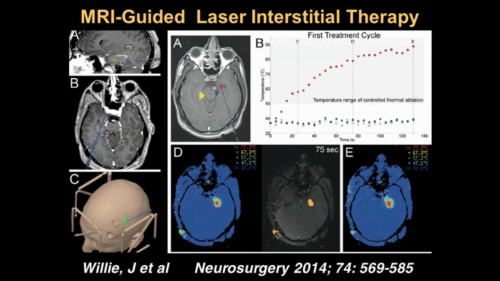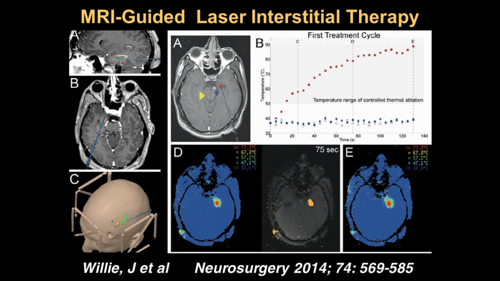We've also seen recent developments that are still sort of a work in progress, but here from John Willey at Emory, we can see another approach to dealing with mesial temporal sclerosis. This is MR-guided laser interstitial ablation, where patients are put directly in the MR scanner under stereotactic guidance.